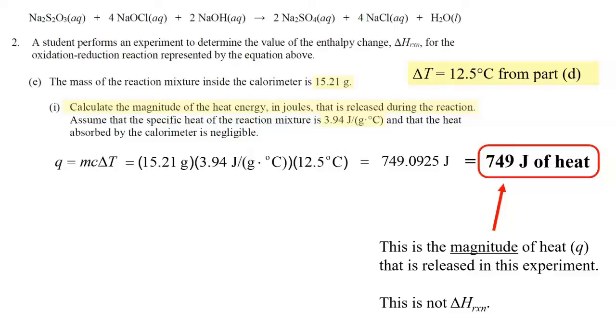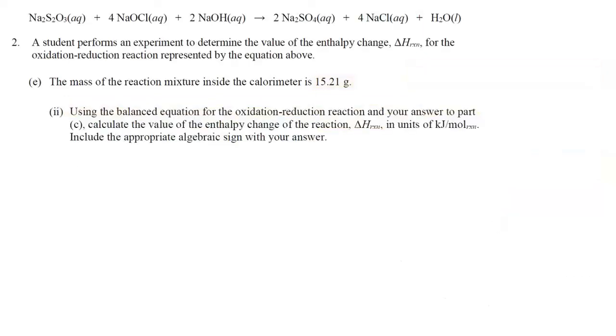Let's take a look at part II of letter E. Using the balanced equation for the oxidation-reduction reaction and your answer to part C, which was about the limiting reactant, calculate the value of the enthalpy change of the reaction. So now they want delta H in units of kilojoules per mole of reaction.